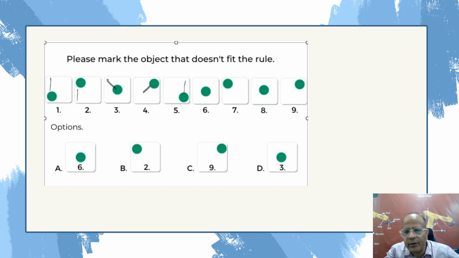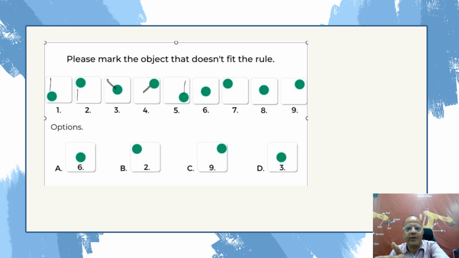I started the video by saying that this is similar to non-verbal reasoning for other recruitment exams as well. But there is a twist, which is why it is different. That's what I was telling you before as well. For other exams, at times there are not so many figures.